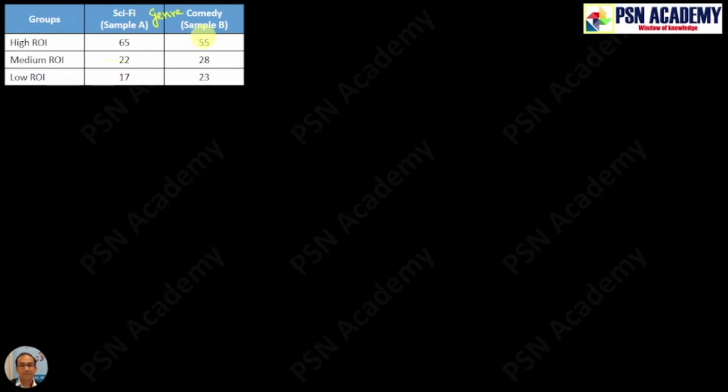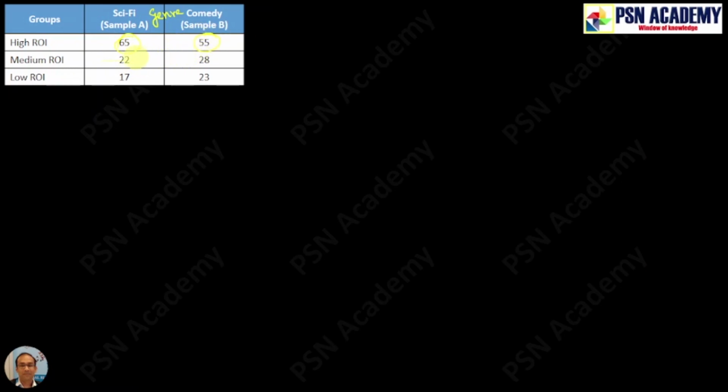On the other side, regarding comedy movies, 55 comedy movies gave you high ROI, 28 gave you medium, and 23 gave you low ROI. Now, seeing this figure, can a producer decide whether any dependency is there between genre and ROI? You can see one thing: here the 65 is higher than 55.